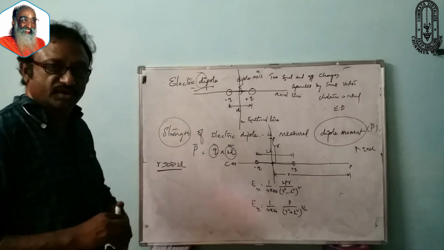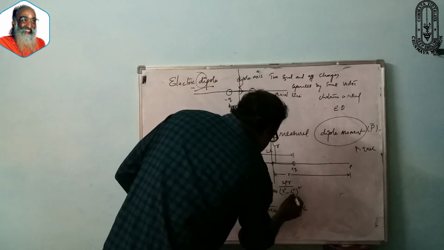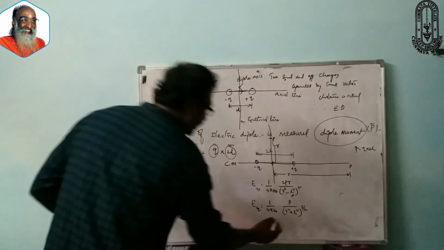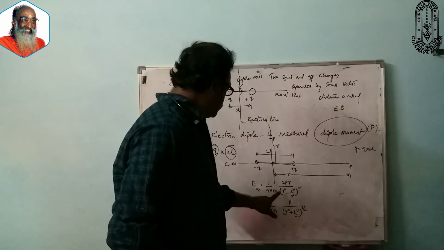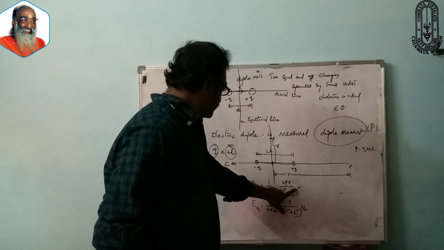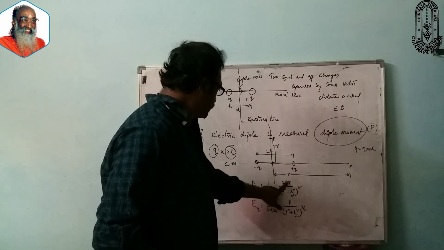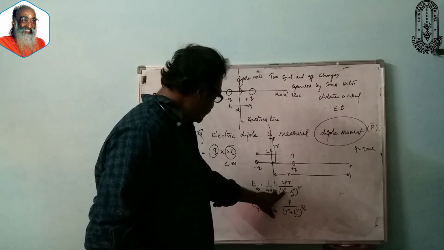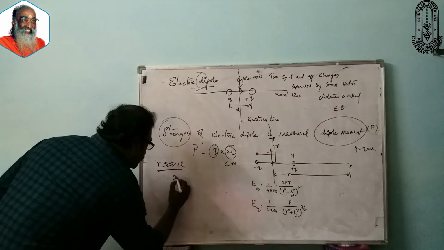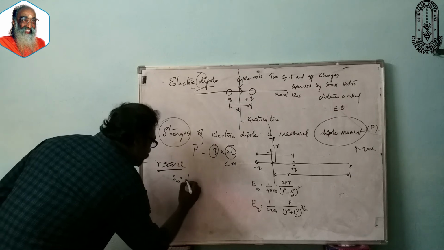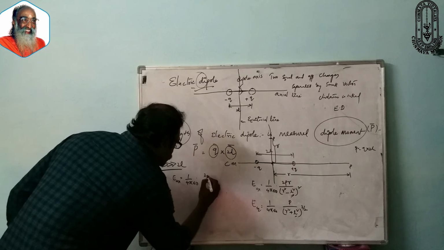At that time we will neglect this L square, this L value, and here L value. So what happens here, this becomes 2pr by (r square) whole square, this is neglected, that means it doesn't exist there, so R to the power of 4. So 2pr gets cancelled here, so 2p by R cube. So here we are going to get E axial is equal to 1 by 4 pi epsilon naught 2p by R cube.